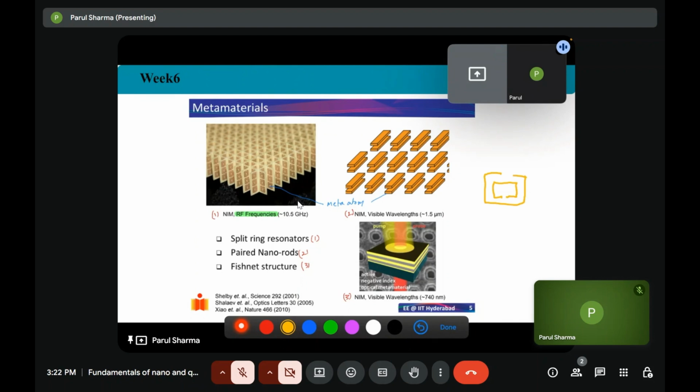And secondly, in the visible region, obviously, if I'm moving from RF to the visible region, we have to scale our structures. If I'm working in the RF frequency, the structure size can be in the micrometer range, like 80 micrometer, 100 micrometer.